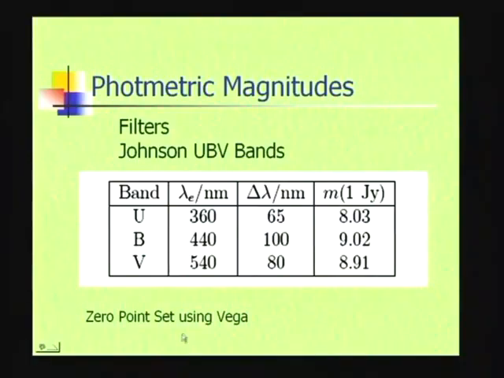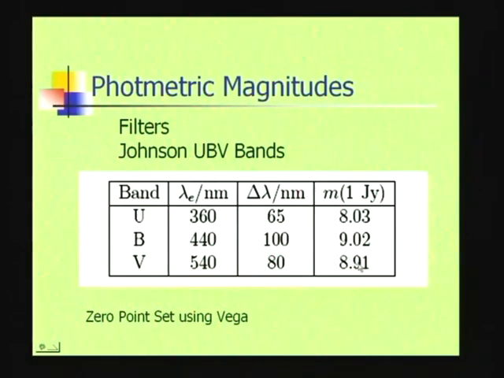The value is known, that the magnitude scale is set by setting the value of the magnitude of Vega to a certain value, and I have shown over here the calibration of the magnitude scale, which is set to Vega, but here I have shown the calibration in a different way.